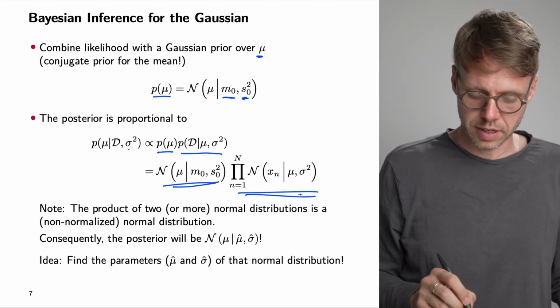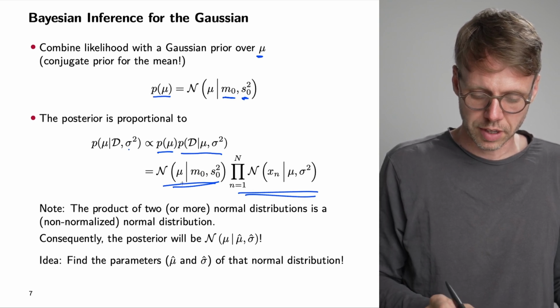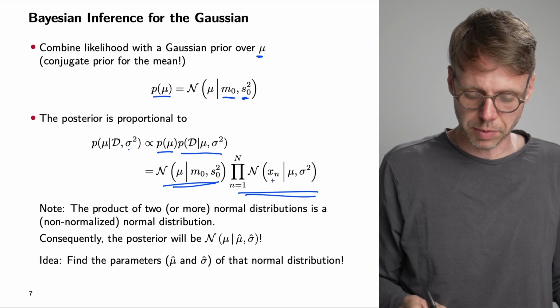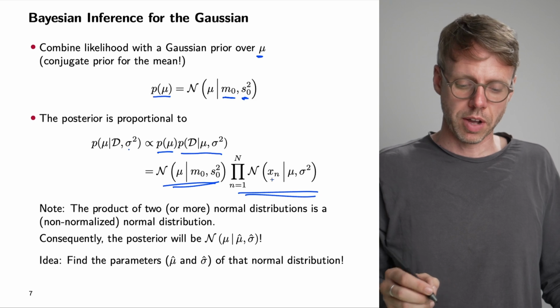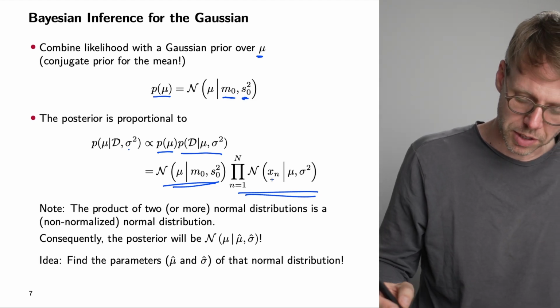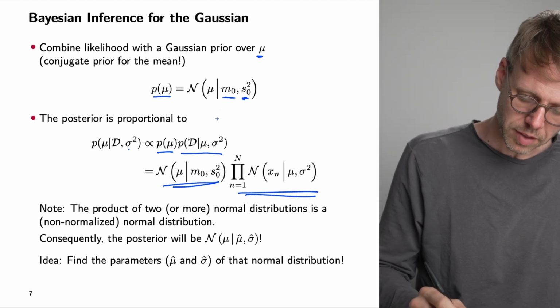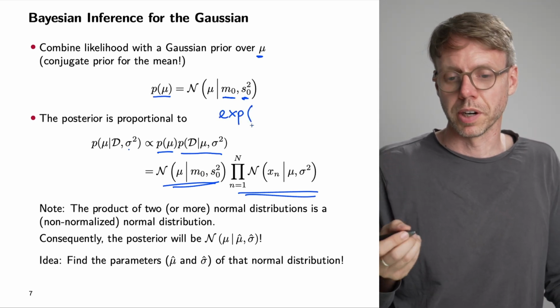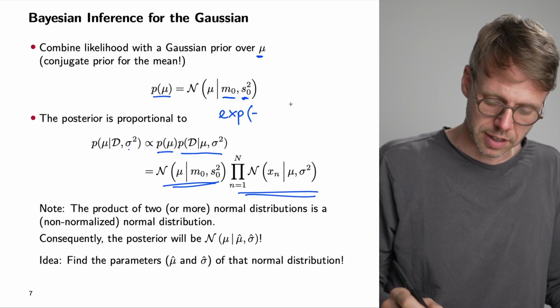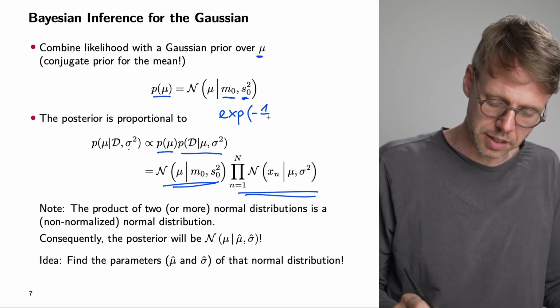Observe that here we have mu and here we have normal distributions that are over xn. However, if we look at the form of the normal distribution, if you write one of those terms, then let's look especially at the exponent. That's the only part where actually x appears or the mean appears.